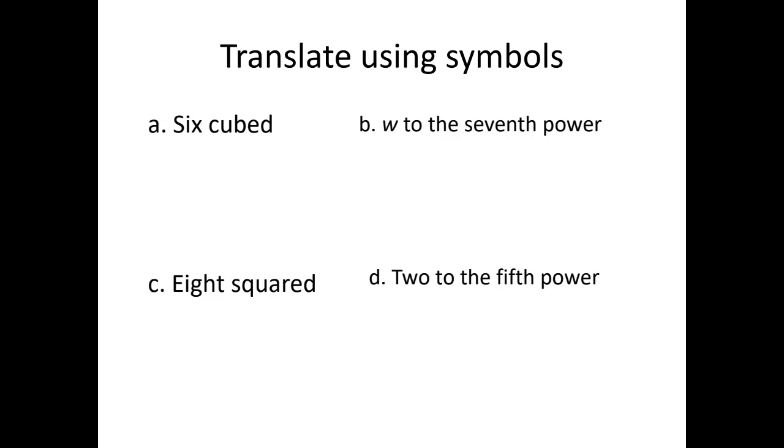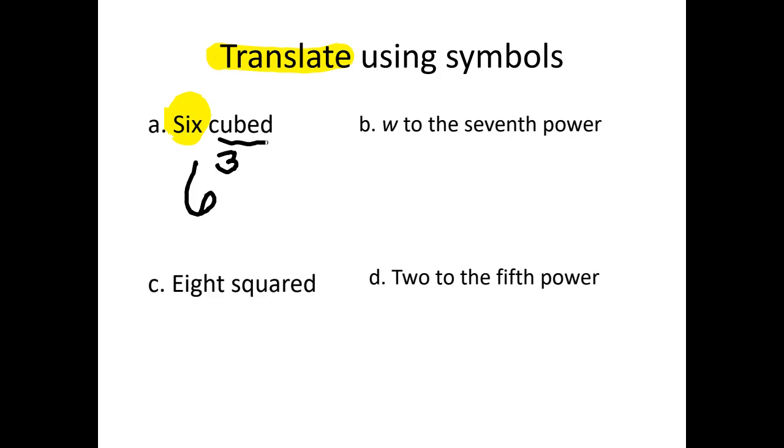Now remember, we always begin with the base. Well, in problem A, our base is the number 6. Cubed means I have the superscript of 3. Base comes first. That's the bigger number. And the cube, or the words after, are the superscript.